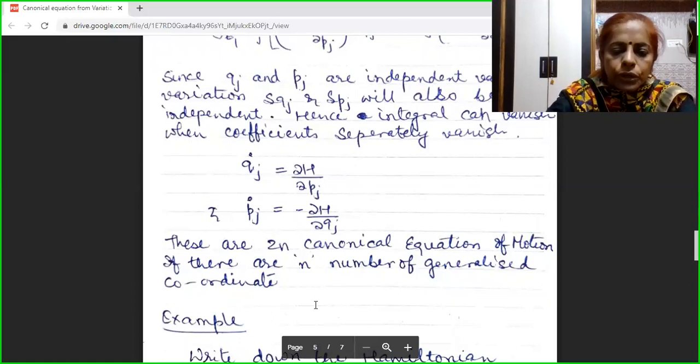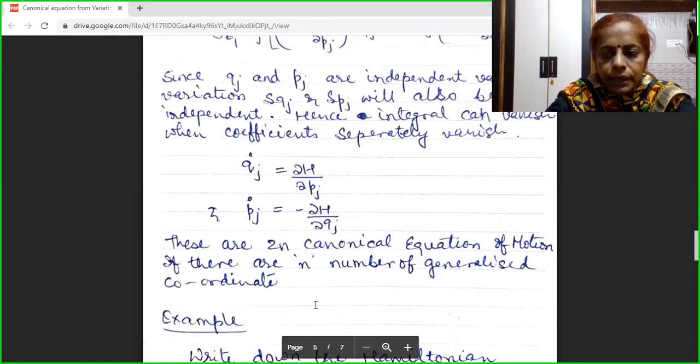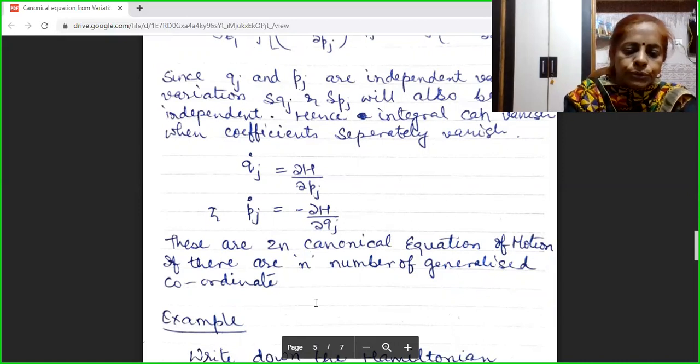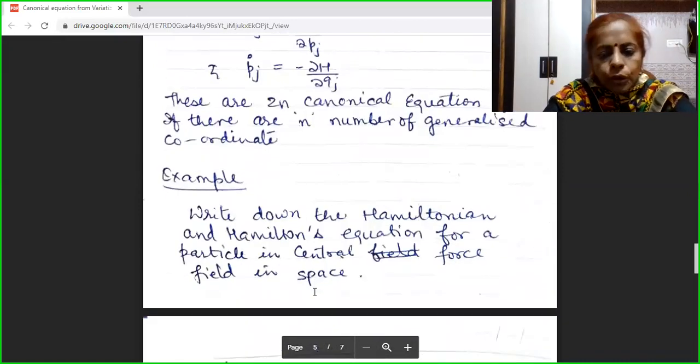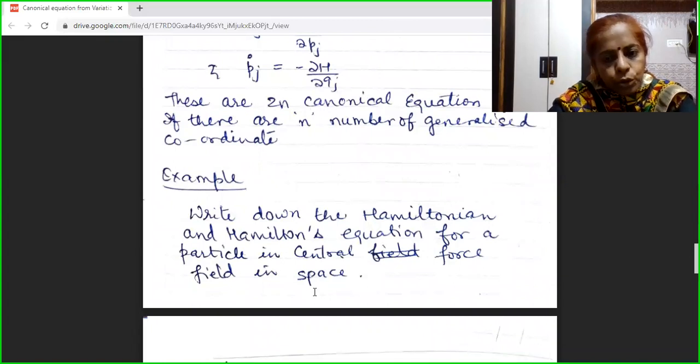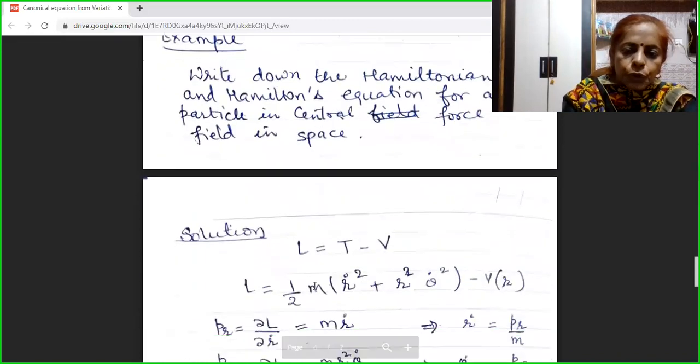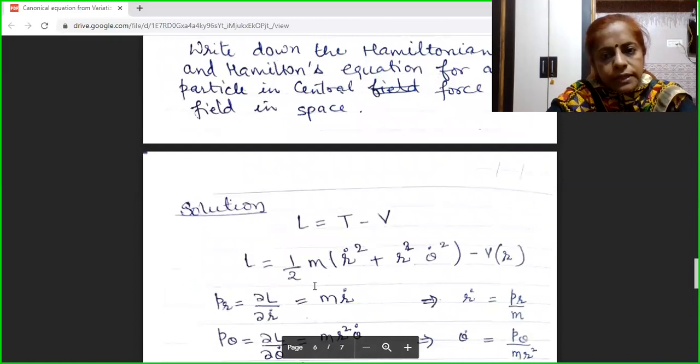Now I am going to discuss an example of these canonical equations of motion. What we have to do is write the Hamiltonian and find the canonical equations of motion in a central force field. This problem of central force can be easily solved in r, theta coordinates.